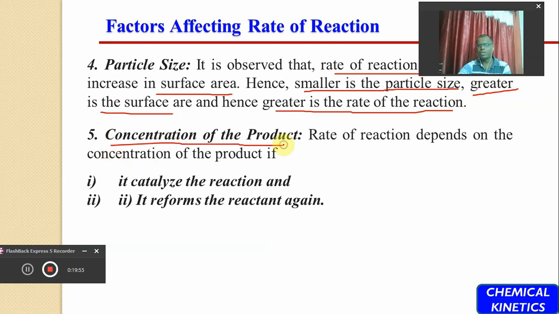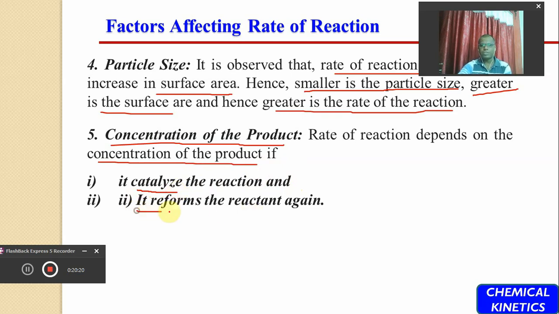Another factor on which the rate of reaction depends is the concentration of product. The rate of reaction may depend on the concentration of product if and only if the product of the chemical reaction works as a catalyst, that is, is responsible for catalyzing the reaction; then the concentration of the product increases the rate of reaction.